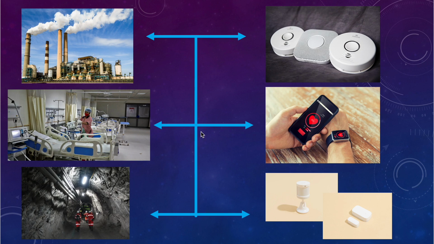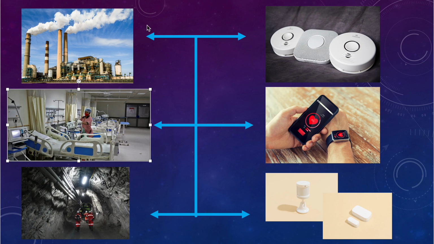If you take the IoT side, we have smart smoke detectors, health monitors, then we have motion sensors and contact sensors. If you take the other side, we have heavy industries. It could be, let's say, steel manufacturing, cement manufacturing, even industrial scaled coal power plants, things like that.